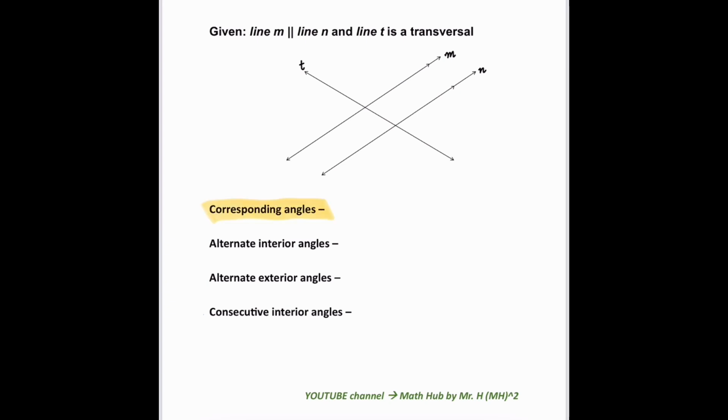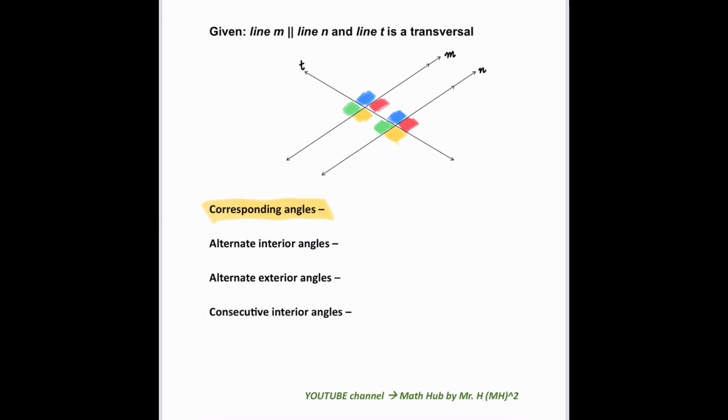The first one, corresponding angles. So the first pair of corresponding angles are the angles I'm highlighting in green. Another pair would be this pair, and we have another pair.